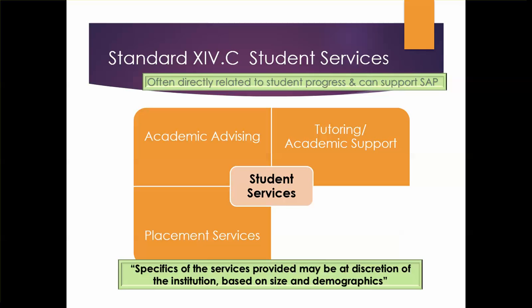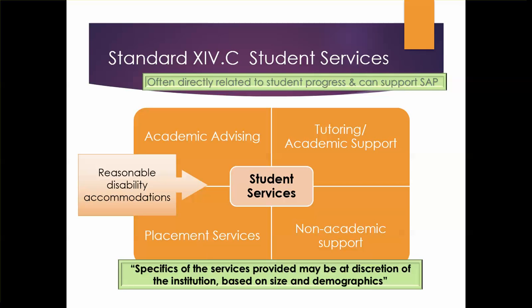Placement services must be provided, and any type of non-academic support. This could be referrals to outside as well. But again, these are areas that come up that may impede a student's academic progress, and so you want to be thinking on how you can support your students. Reasonable disability accommodations is included, as well as any other services that may be required by your state.